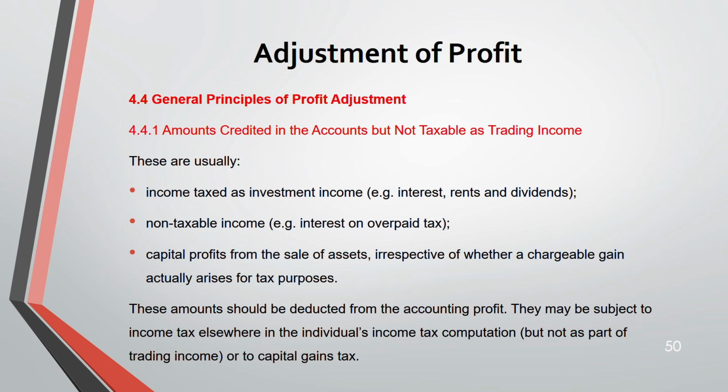You added them. Now all these 3 need to be deducted from your accounting profit. They might not be subject to income tax, but they might come elsewhere. They might be subject to other tax like capital gains tax. But they do not form part of your trading income.